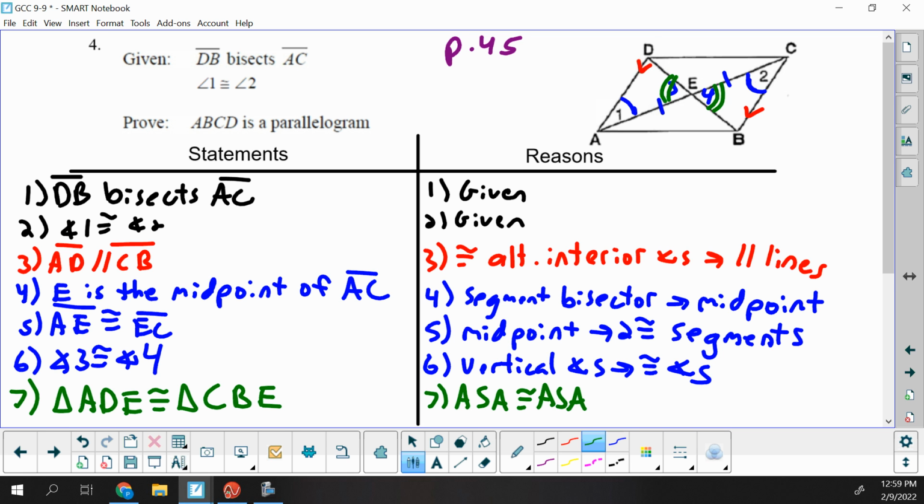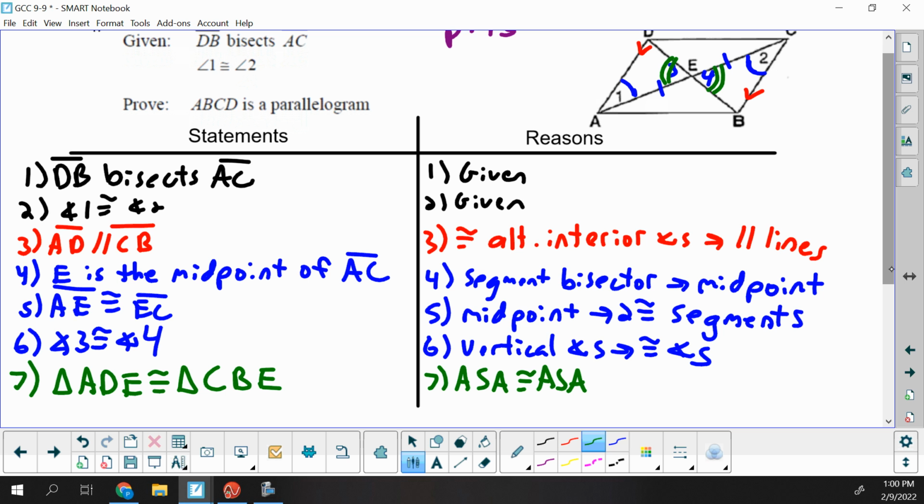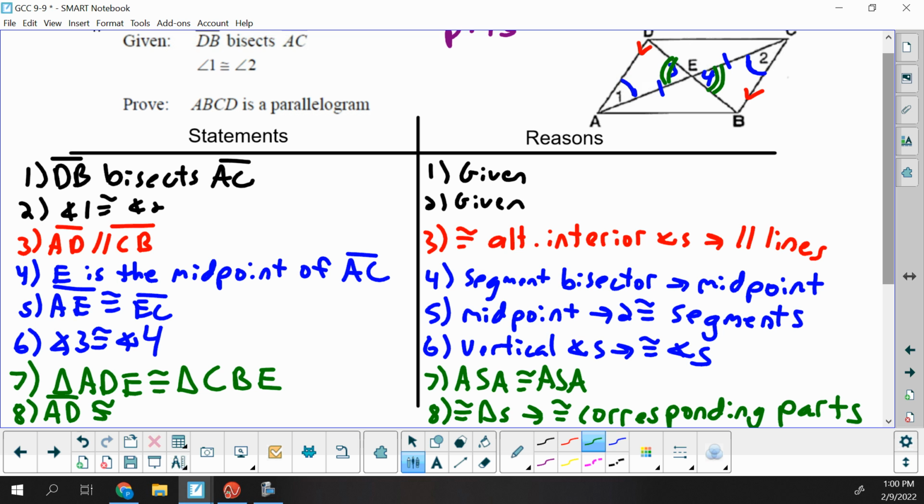Now that we have the triangles congruent, we can get any other things in those triangles congruent if we want by doing congruent triangles implies congruent corresponding parts. And the thing that would be helpful for our purposes is to get another set of opposite sides, but congruent this time. So from those two triangles, we want to get AD to be congruent to CB.